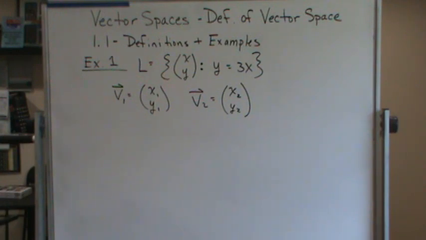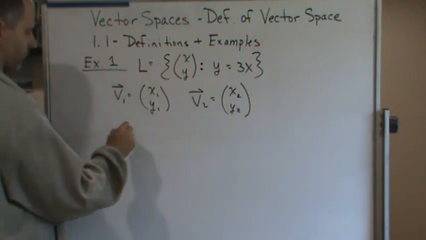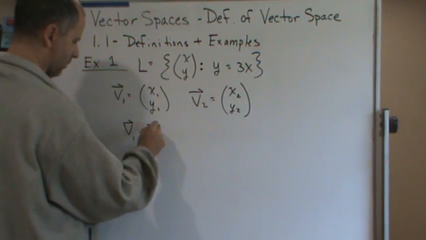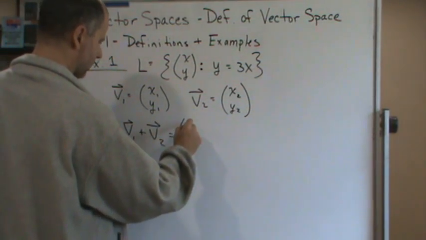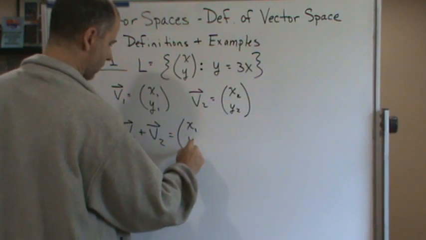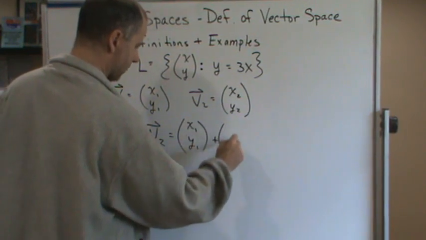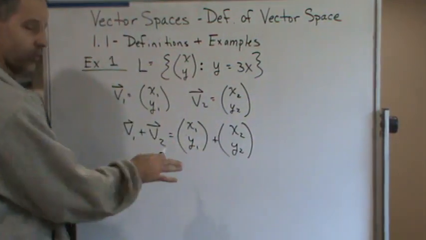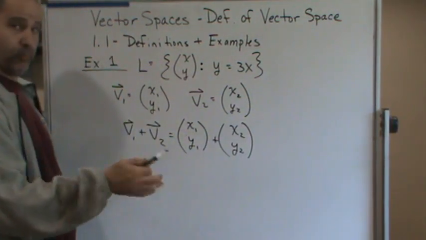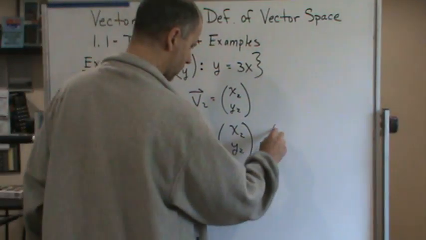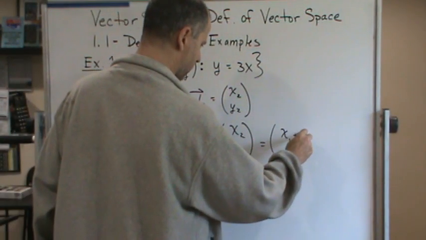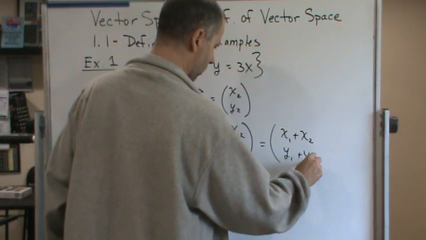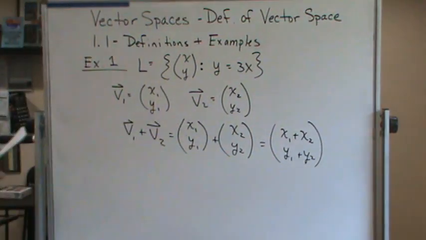And so if we add them, we're going to get (X1, Y1) plus (X2, Y2). And of course, when we do vector addition, we do component-wise addition. So it's just going to give us (X1 plus X2, Y1 plus Y2).